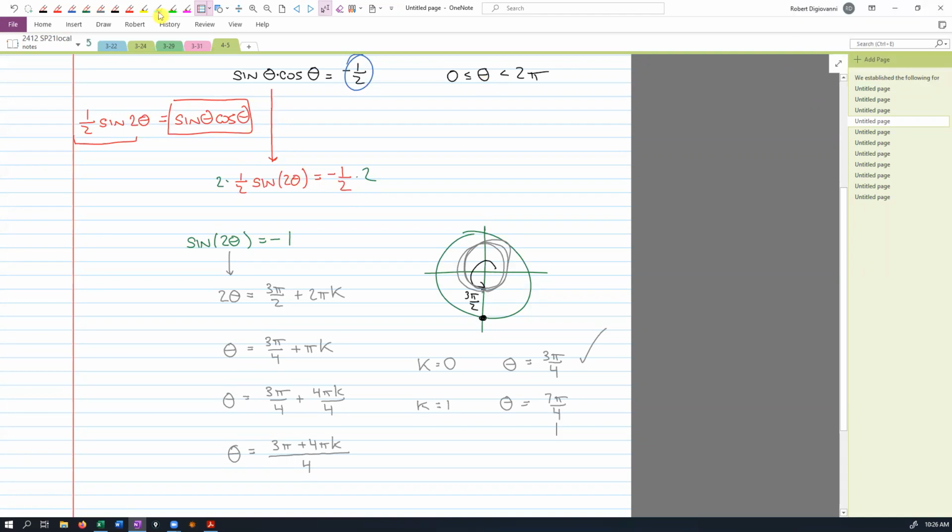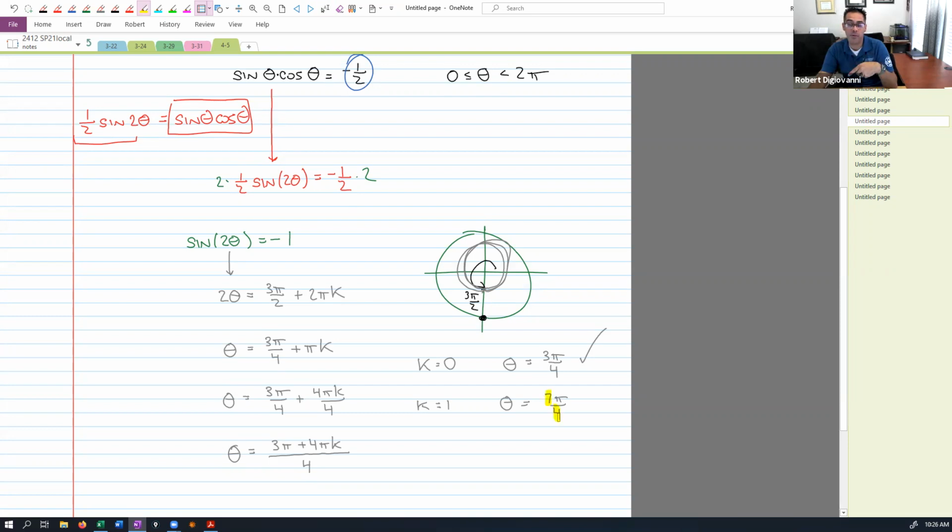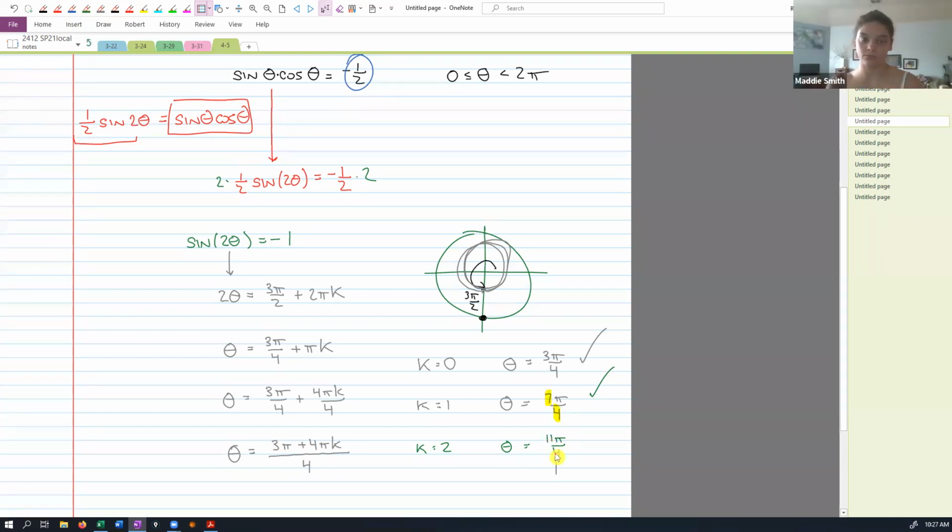How do we check? We look at the number here and divide by that. 7 divided by 4 is smaller than 2, so we're still within 2 pi. And then if k is equal to 2, we get 8 pi plus 3 pi, 11 pi over 4. But 11 divided by 4 is bigger than 2, so this is not going to work.